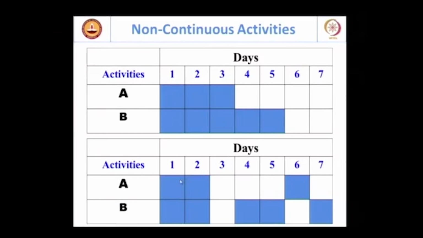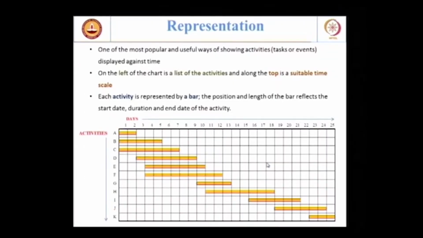So in A it's 3 days, and you can see here 1, 2, 3 days. So the effort put for activity A is the same. The effort for activity B is 5 days, and here we have split it up. So there is no reason a bar chart has to be continuous as it's shown here.